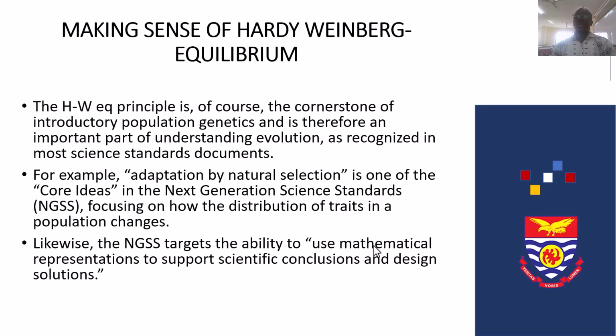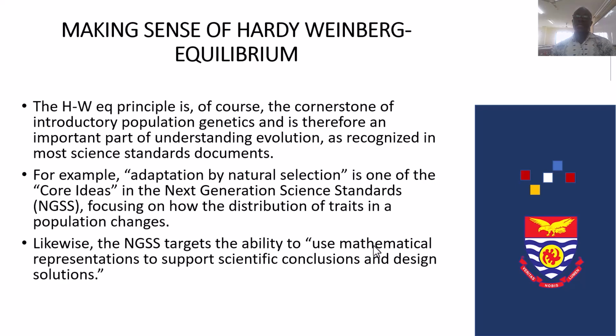The Hardy-Weinberg principle or equilibrium is, of course, the cornerstone of introductory population genetics and is therefore an important part of understanding evolution as recognized in most science standards documents. For example, adaptation by natural selection is one of the core ideas in the Next Generation Science Standards, focusing on how the distribution of traits in a population changes.